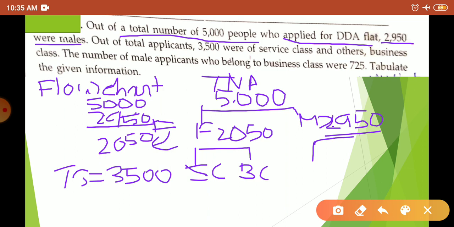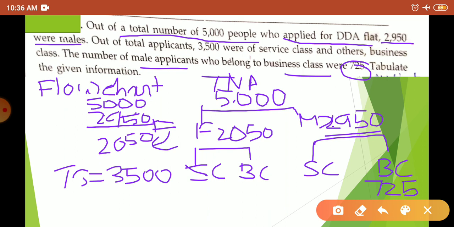Now the number of male applicants who belong to business class were 725. So we will write here 725. When we subtract this 725 from the total male number, we get the number of service class.